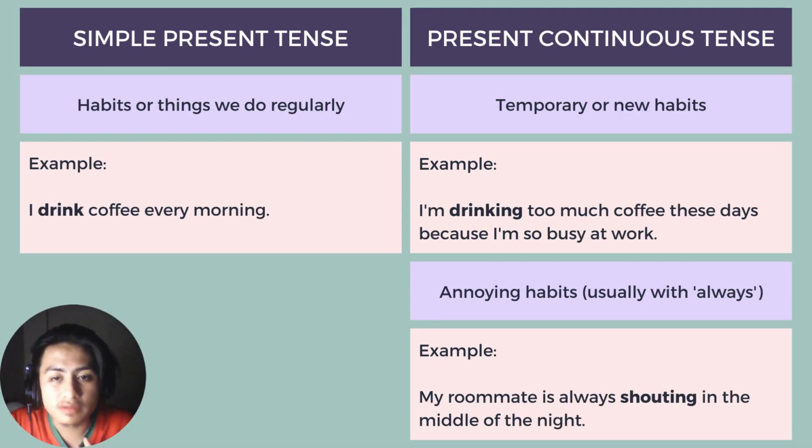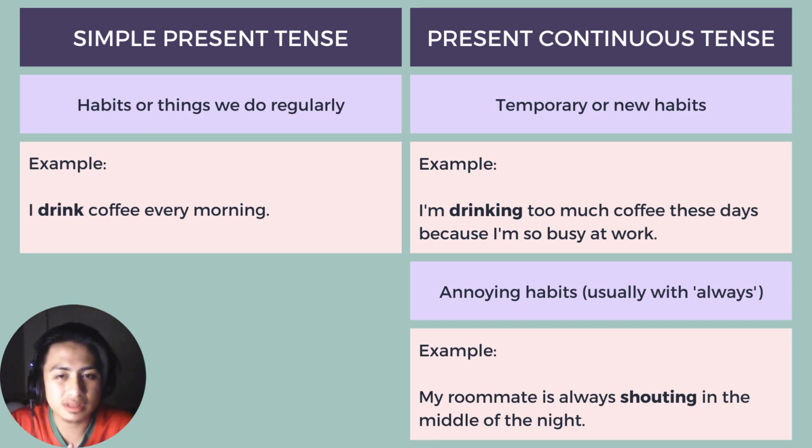So, for simple present tense, another difference that we can see is that it is used when we describe habits or things that we do regularly. But for present continuous tense, we use it to describe temporary or new habits.